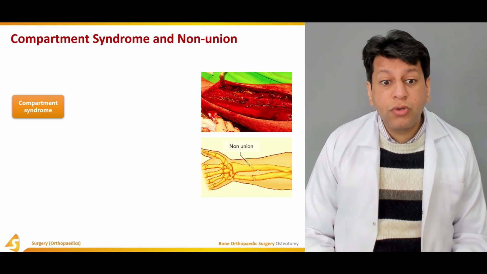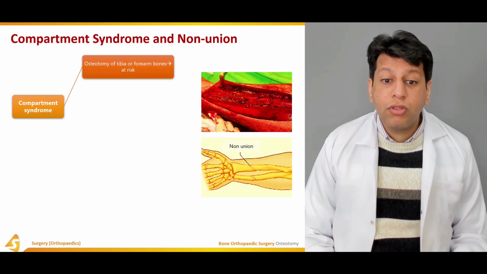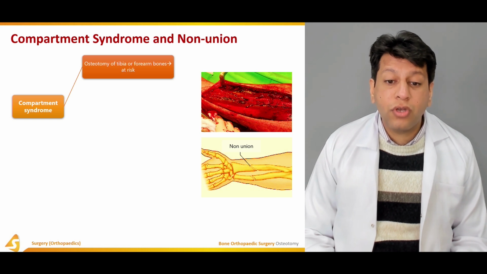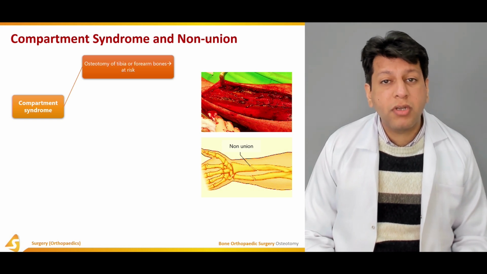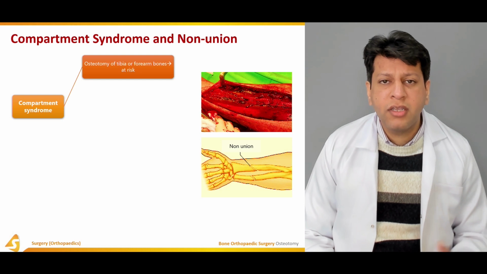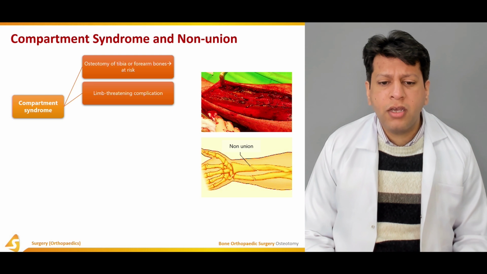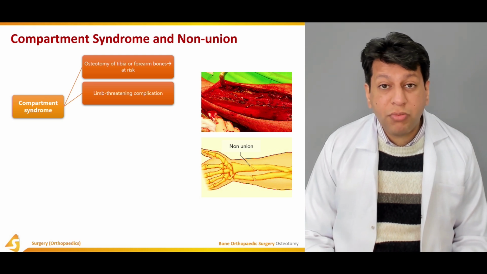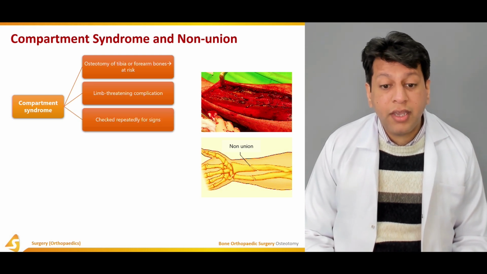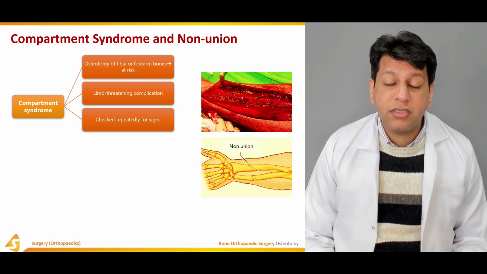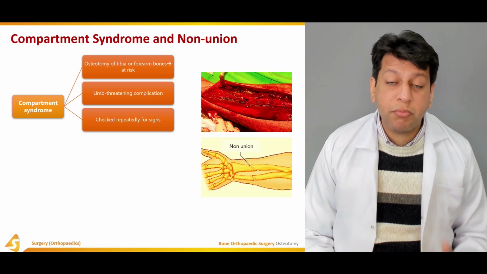Other problems include compartment syndrome. Although usually associated with osteotomy of the tibia and forearm bones, forearm bone osteotomies are rarely done. Mainly we are dealing with problems with the tibia. It's a limb threatening complication and must be avoided and must be repeatedly checked for the signs, especially pain out of proportion, pain with passive range of motion.